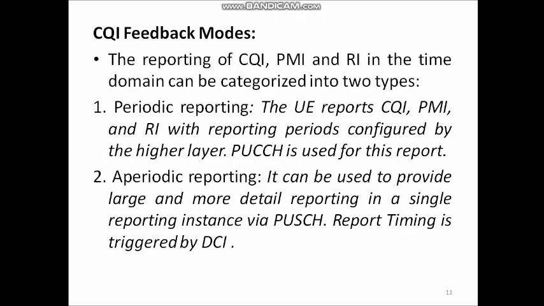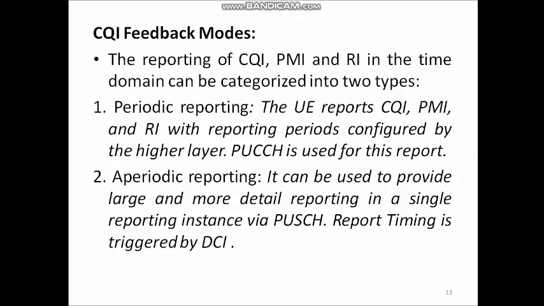Next subtopic is CQI feedback modes. CQI is reported on the physical uplink shared channel or physical uplink control channel. The reporting of this CQI, PMI and rank indicator in the time domain can be categorized into 2 types: periodic and aperiodic reporting.